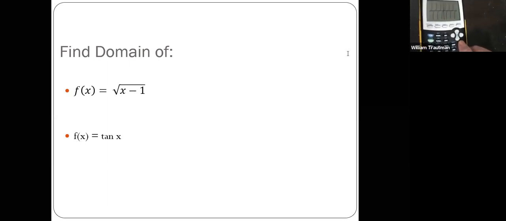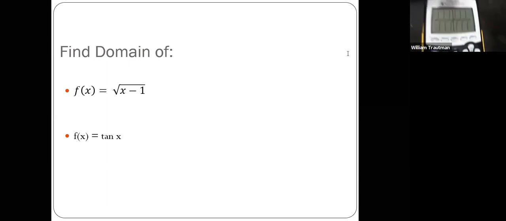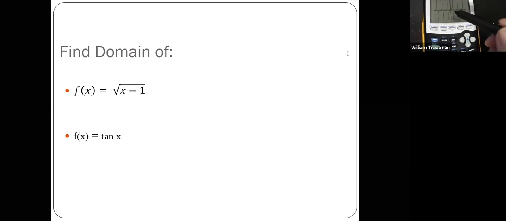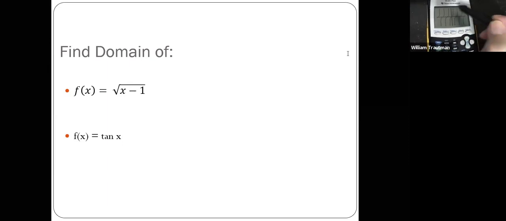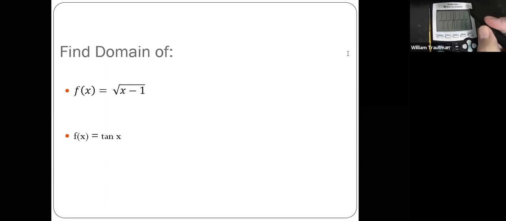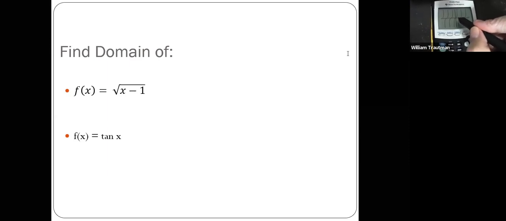In other words, pi is 3.14. 3.14 divided by 2 is like 1.6. Do you see right here at 1.6, there's an asymptote that goes up and down. So pi over 2 is not in the domain for tangent of x.